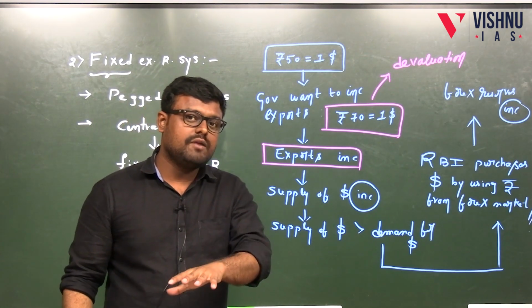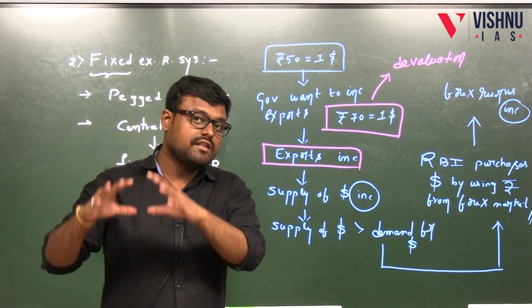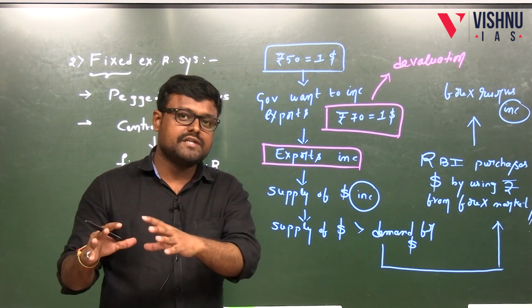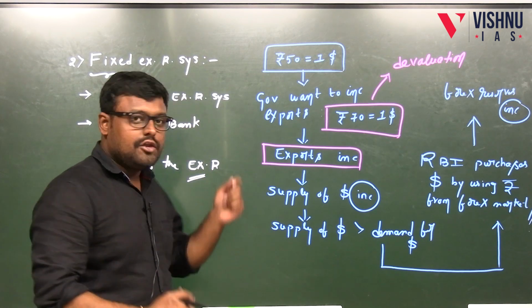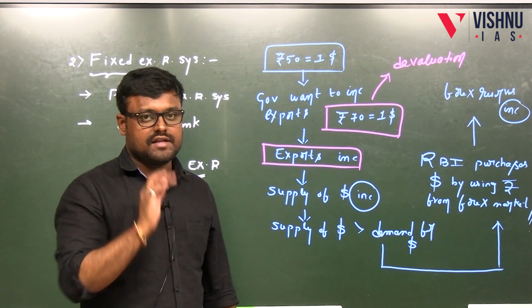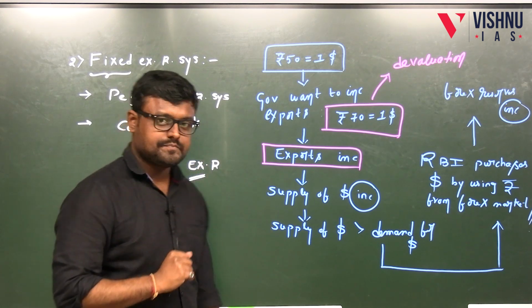Understand the difference between depreciation and devaluation. Depreciation is under the flexible market. The flexible exchange rate system entirely depends upon the market forces of demand and supply, but in devaluation the government intentionally devalues the currency. It will decrease the value of the currency. So please understand the difference here.